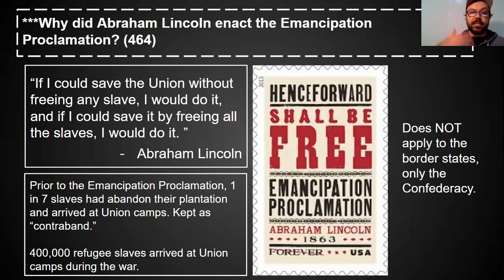We've already seen that slaves escaping their plantations and going to the North has been happening for decades. But now the North is moving closer, because as Union troops advance in the South in certain areas, slaves become aware of the fact that, hey, there's a Union camp nearby. If I leave my plantation and make it there, then maybe I'll be free. So all of a sudden, all these slaves start showing up to these Union camps.